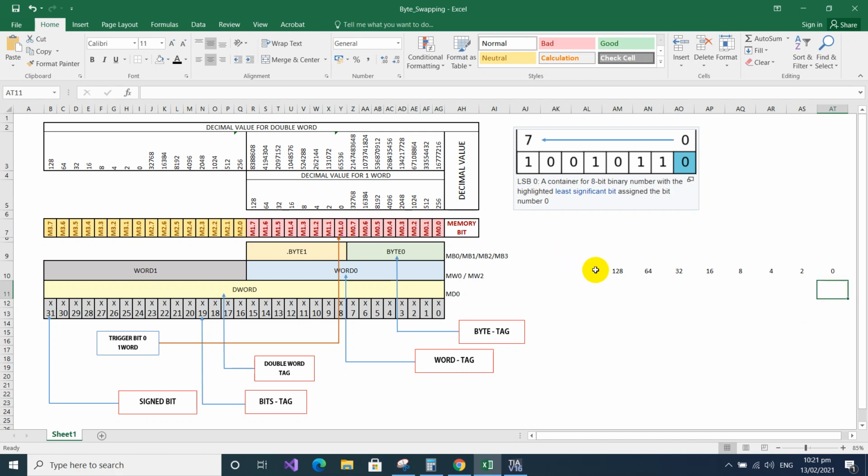Okay, so this is the decimal value, and then this is the binary bit order. So the bit.